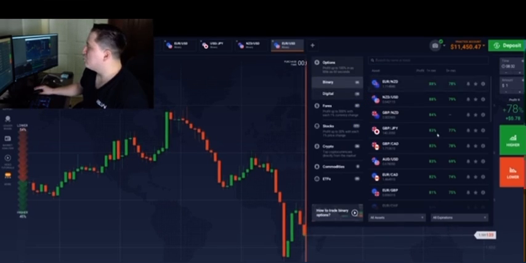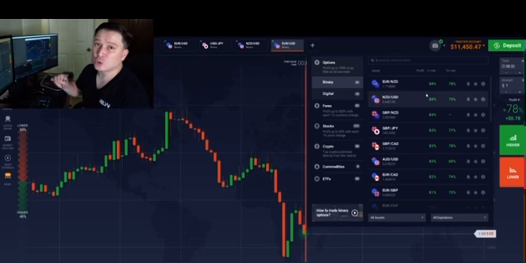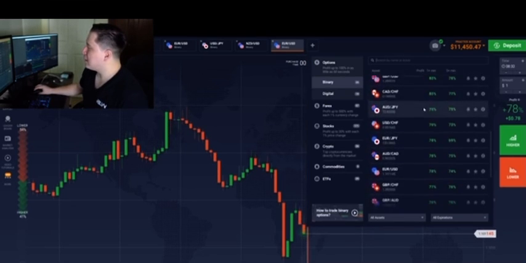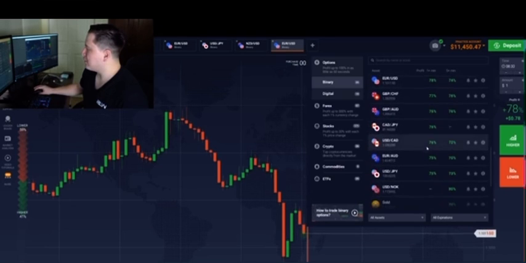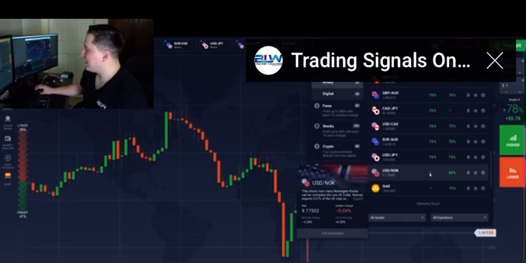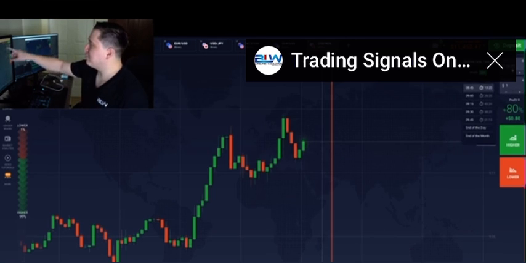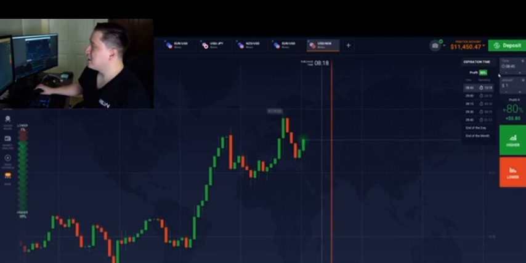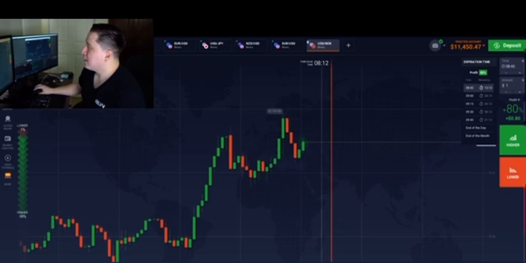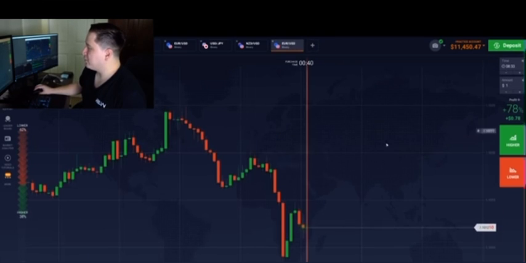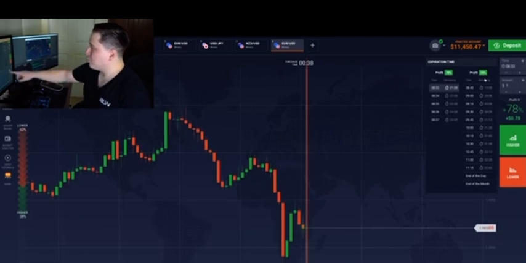If there is no percentage in here, it means that the pair does not have turbo trades at that specific moment. So for example, let me see which one does not have right now. This one, USD NOK. If you select it and you see the time frame, there are no turbo trades. It only expires at 8:45, 9, 9:15, and so on.